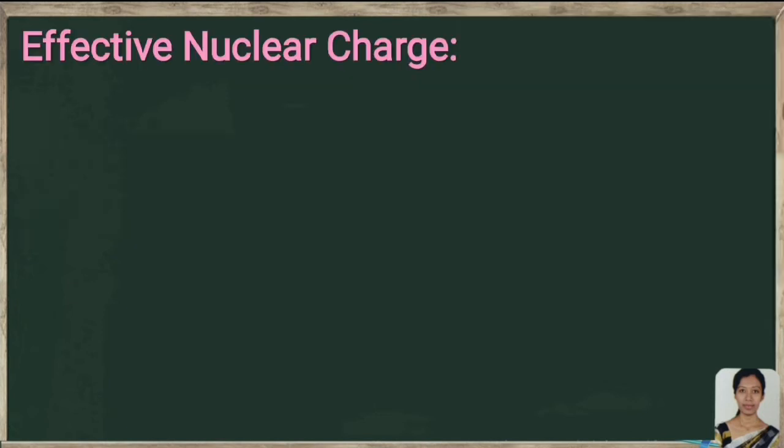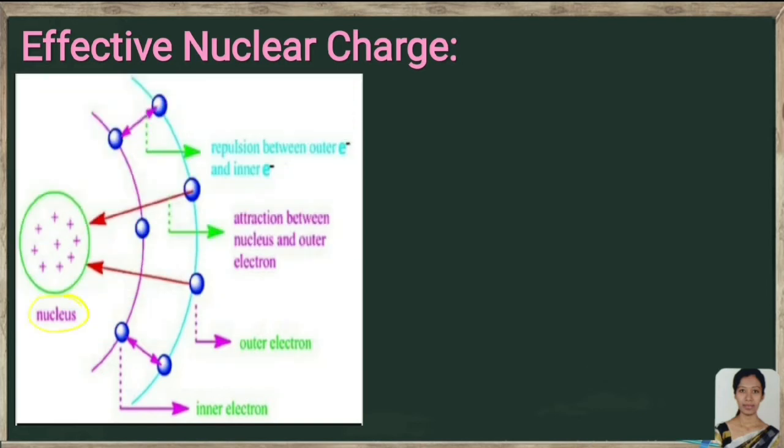Effective nuclear charge. To understand this, we will look at this diagram. We have a nucleus at the center, filled with positive charges, around which the negatively charged electrons are distributed. There is an attractive force between the nucleus and the electrons. These electrons are arranged in different orbits, in different layers, that is, different energy levels, placed at different distances.